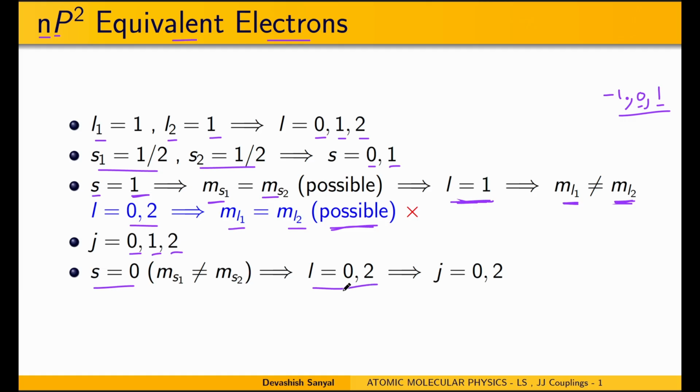L is equal to 0 is not a problem, and we will see that L is equal to 1 is not possible in this case. So if L is 0 and 2, the possible values of J will be 0 and 2. That is it. So now we can write down the states in spectroscopic notation.